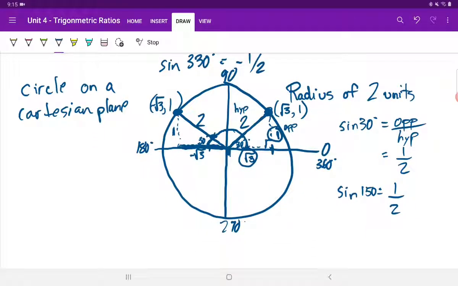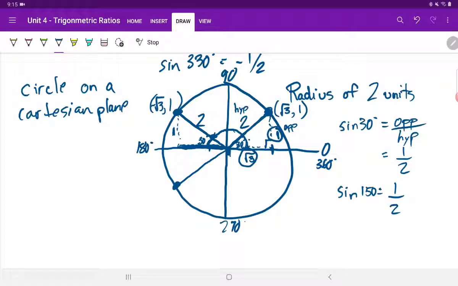Okay, now let's look at if we were to do the sine of 210. So let's go all the way around now, and now we're down in this quadrant, we're passing 180, and we're down here, and let's say I'm going to draw my radius right there. Okay, I'm just going to make some room here and erase that.